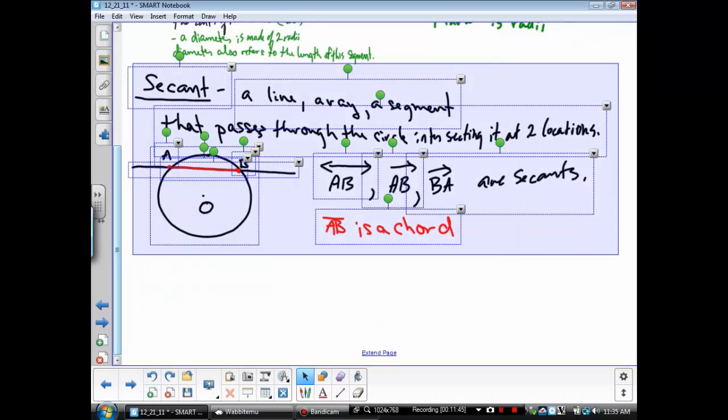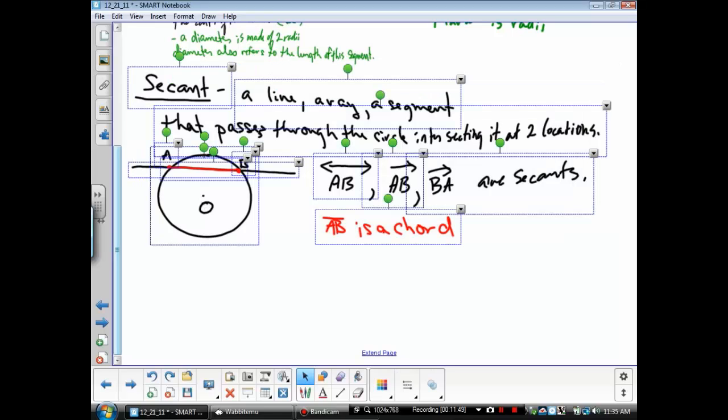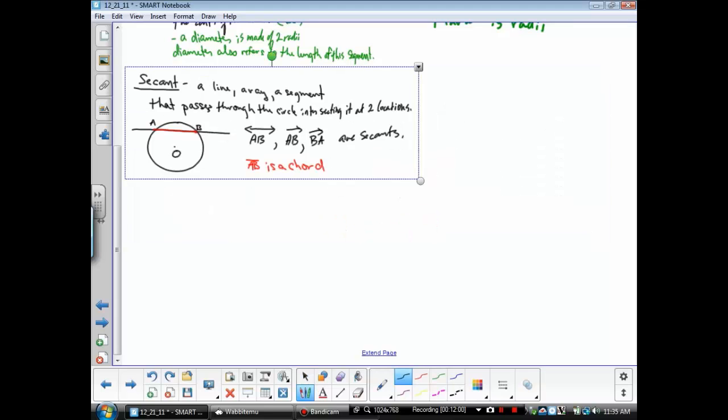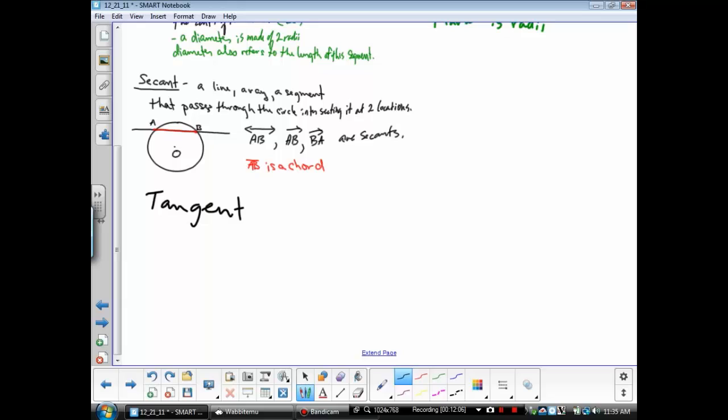The next line that we're interested in relation to a circle is a tangent line. A tangent to a circle is a line or a ray.